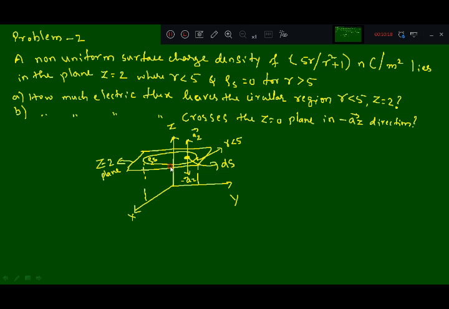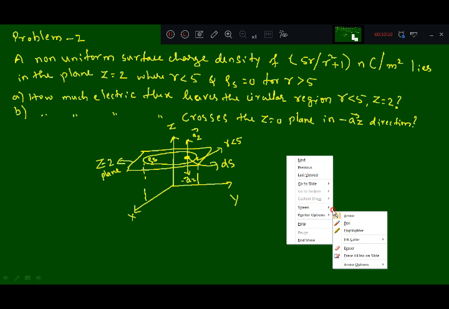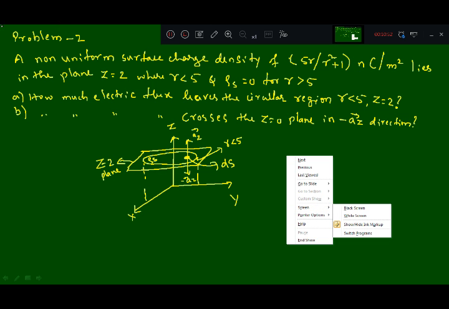This is the z equal to 2 plane. In that you are placing the non-uniform surface charge density of this much, 5r divided by r square plus 1 nanocoulomb per meter square. Then how much electric flux leaves the circular region r less than 5 in z equal to 2? This is the first question.